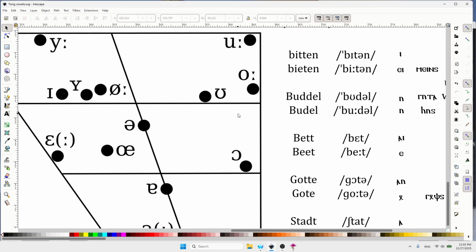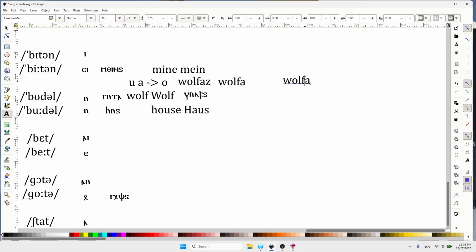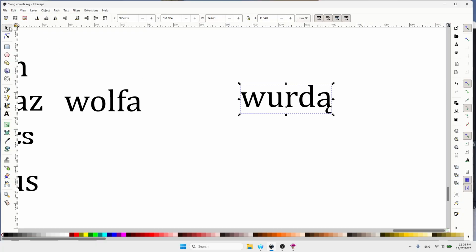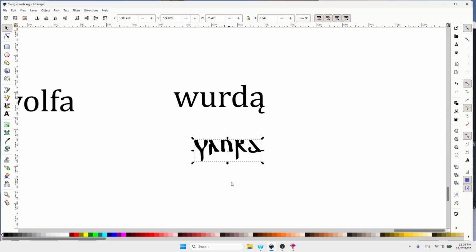But Gothic does, because there was a sound change where, for example, we have this word, and that becomes this. So Gothic does actually have a short O, and it's here and also in some loan words where if there's a short O, it'll also use this.